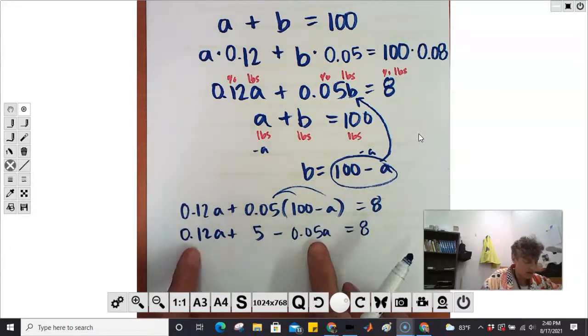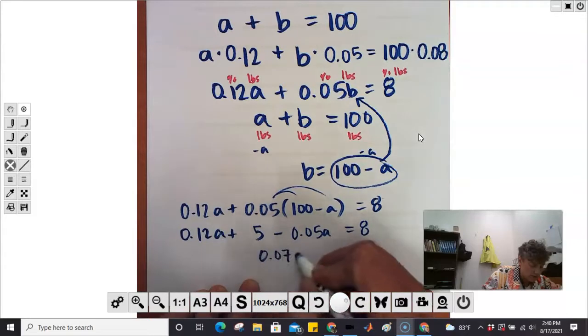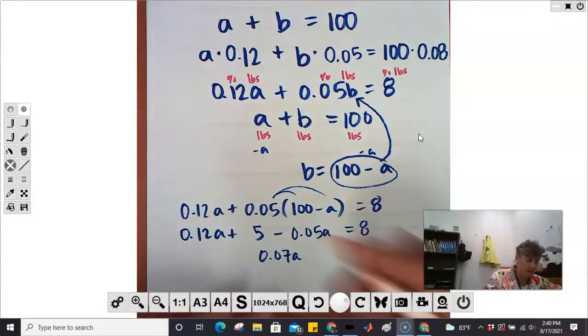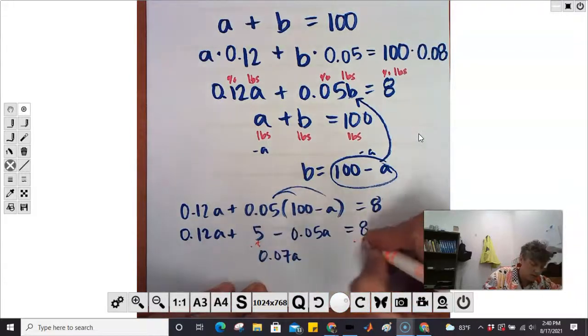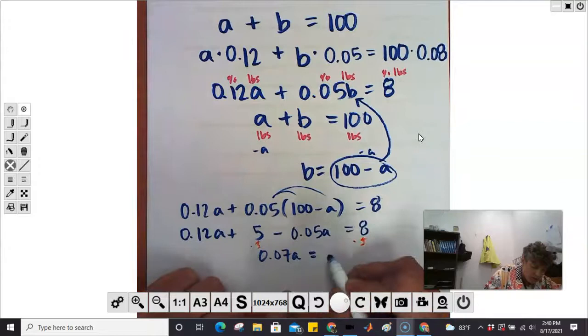Combine these two together. 0.12 minus 0.05 is going to be 0.07. 0.07a, just combine my like terms, and then I'm going to subtract 5 on both sides. Minus 5, that's 5. So that'll equal 3.